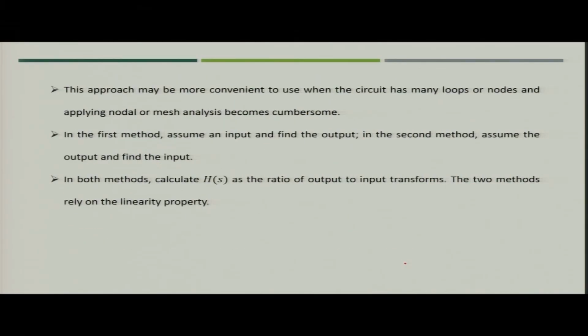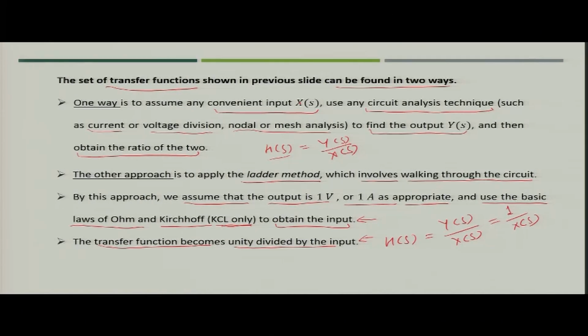Now, these are the two methods, and you can use either of them based on your convenience. But the ladder approach we discussed is more convenient because when the circuit has many loops or nodes, applying nodal or mesh analysis becomes cumbersome.